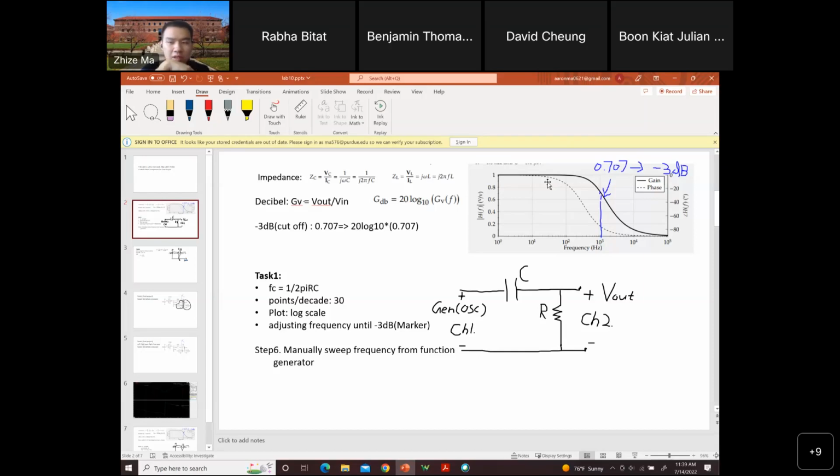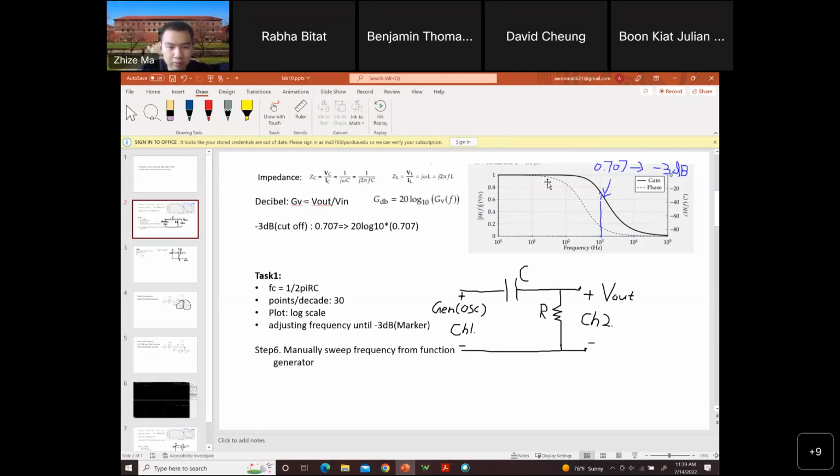Task 1 and task 2 are both RCs. When we calculate RC, we just choose any value that will give us the 23 kilohertz, right? Yes, but make sure you have those values in your lab kit, like the resistor and capacitor values.